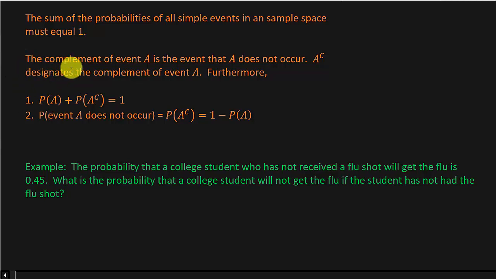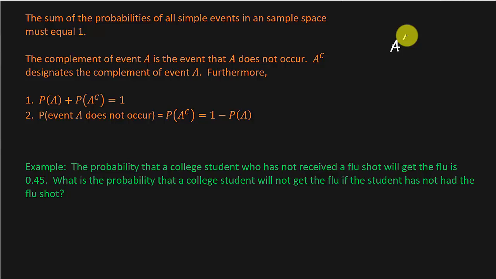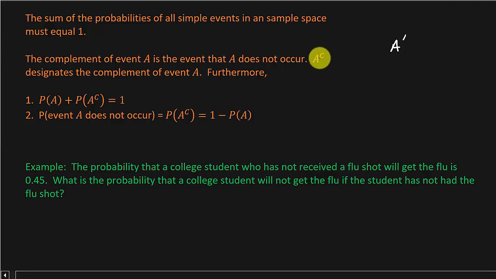This is going to help us with the next part. It says the complement of event A is the event that A does not occur, and it's denoted A with the C up here. Now, the textbook I'm using does complement this way. You may see complement written differently in some textbooks, and there may be other symbols. The book I'm using uses this C up here.